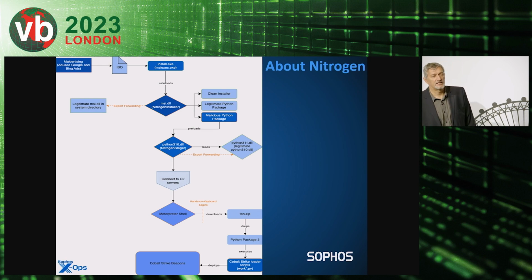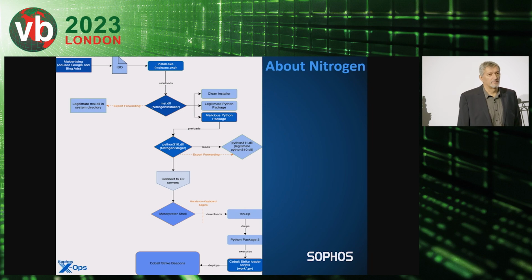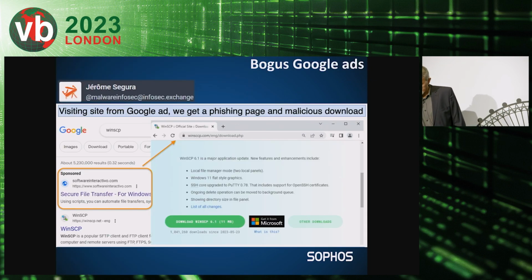And this is where our knowledge stops. But it has been reported by Trend researchers that they have observed as a follow-up to this infection ransomware being installed on the system. So we think it could be a ransomware group or an initial access broker behind these Nitrogen attacks.